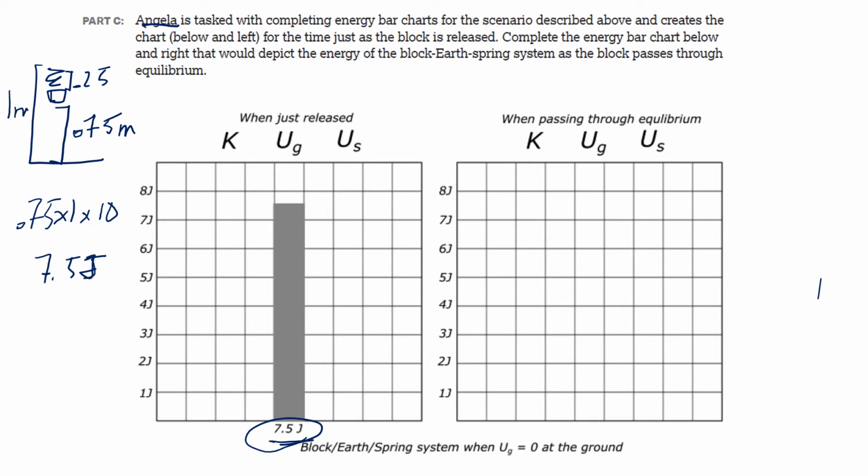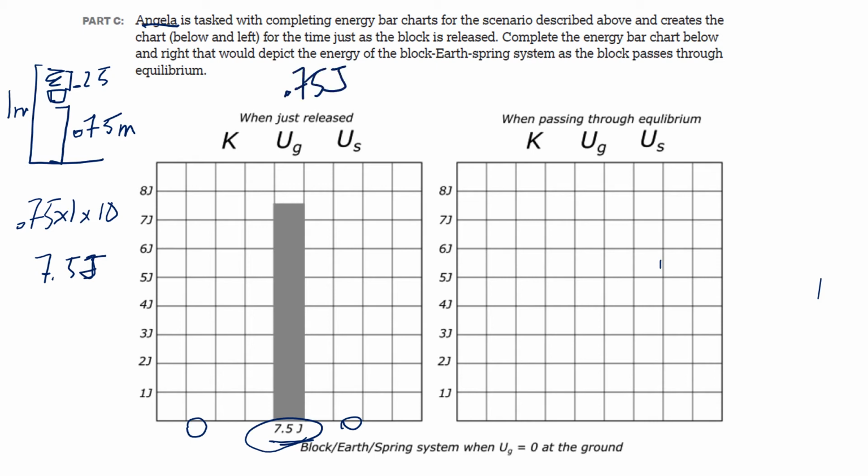So 7.5 joules. Is there any kinetic energy in the very beginning? Is the spring moving? Nope. Is there any spring energy yet? Is it stretched out yet? Nope. So the total mechanical energy for this system is 7.5 joules. Pretty easy so far.